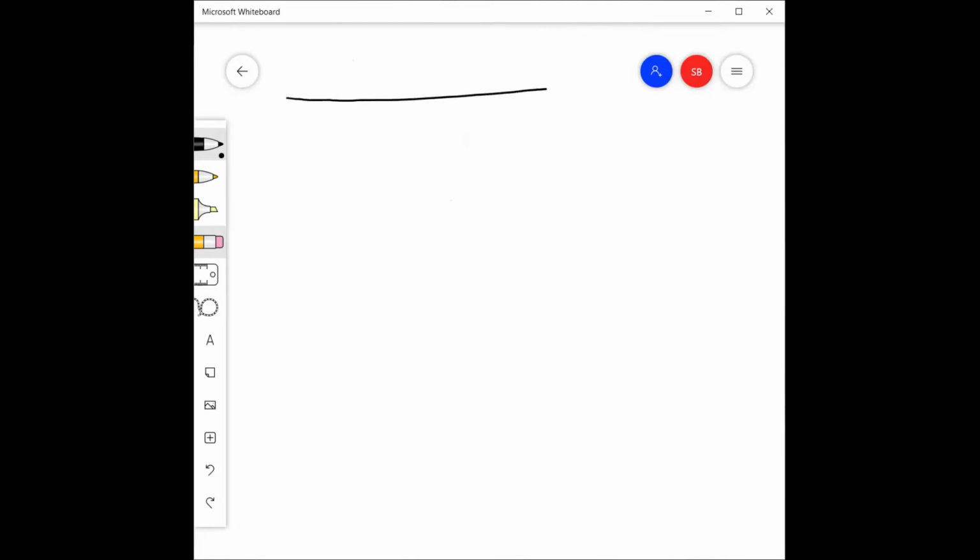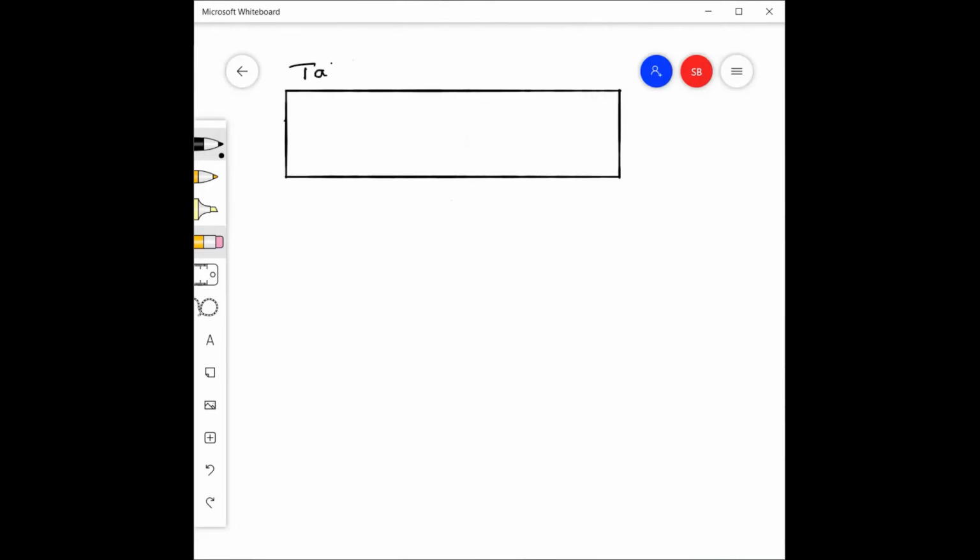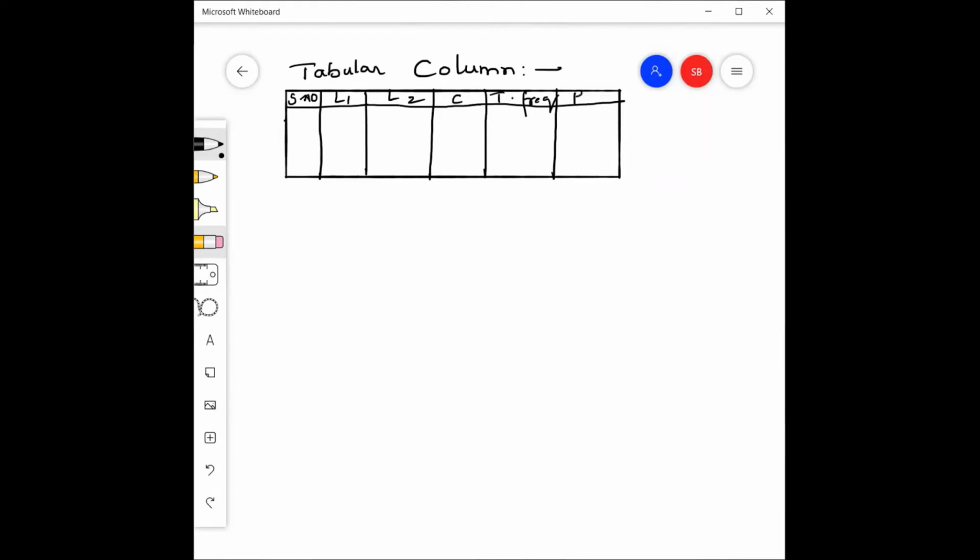For that, have a tabular column like this, with serial number, L1 value, L2 value, C value, theoretical frequency and practical frequency.